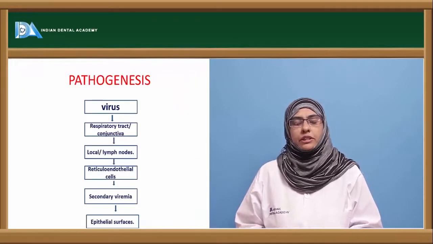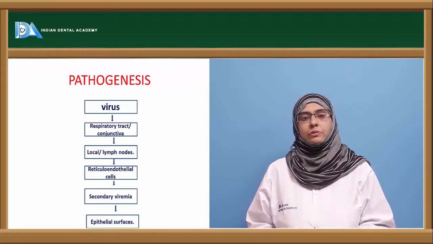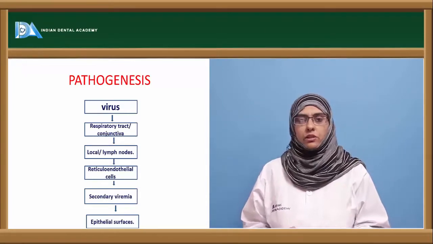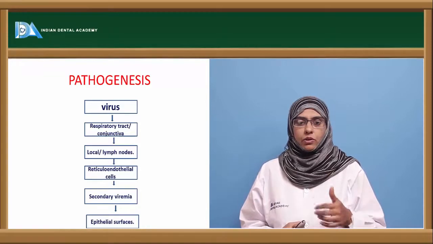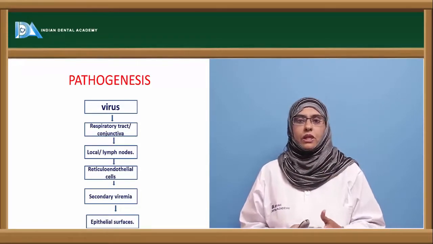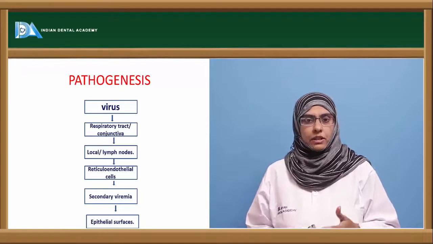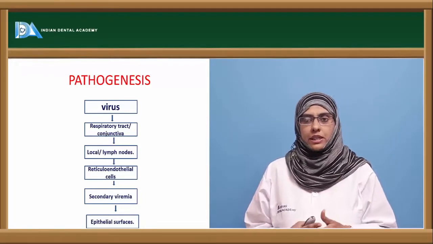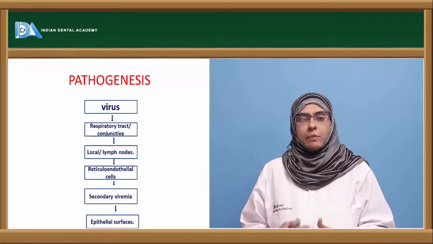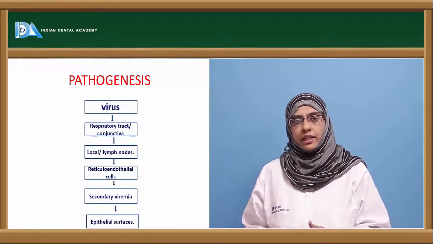Coming to the pathogenesis, or the pathway by which the organism usually enters the body and causes the infection, it is via the aerosols or the close contact with the infected person. The organism has the ability to enter into the respiratory tract, or it can enter via the conjunctiva too. And once it gains entry, it usually moves down and replicates locally or in the adjoining lymph nodes.